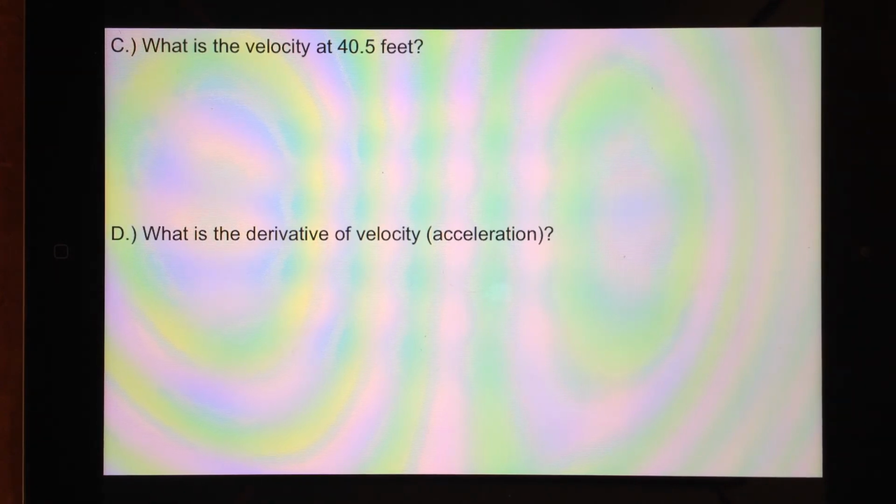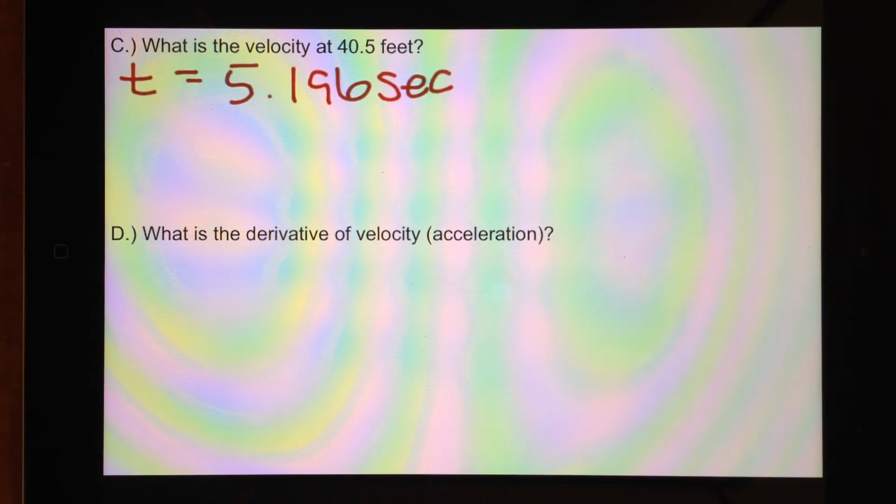Now we're asked, what is the velocity at 40.5 feet? We now know that the time at 40.5 feet is 5.196 seconds. But we need to know the derivative of the distance so we can find the velocity.